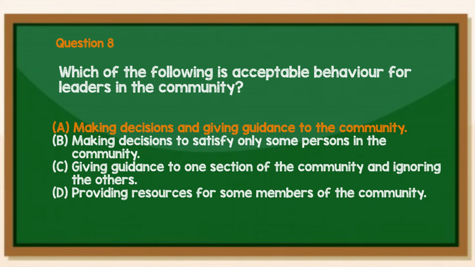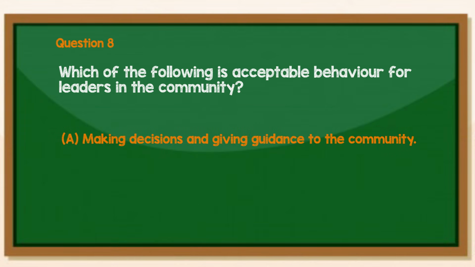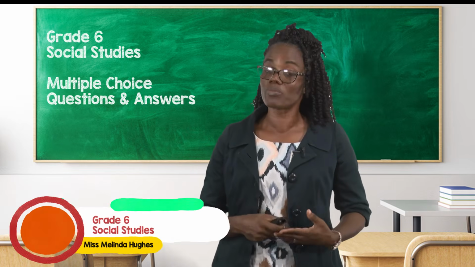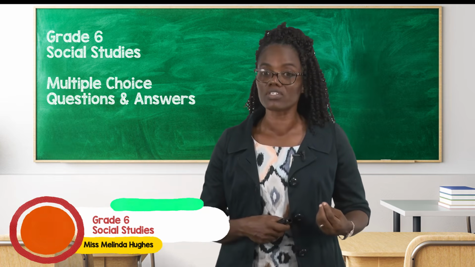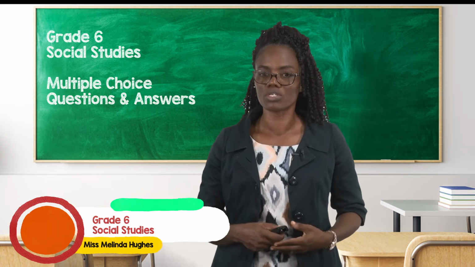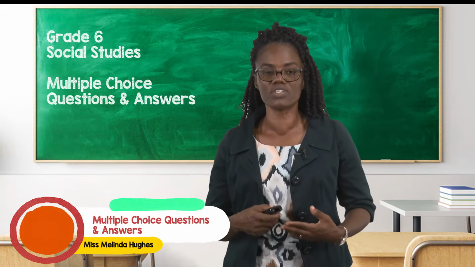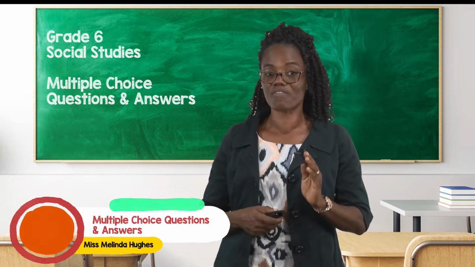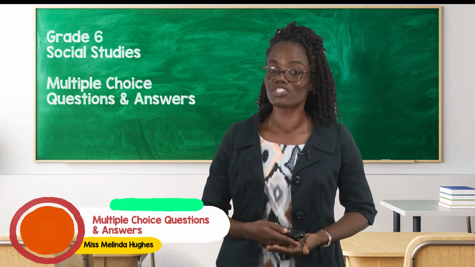The answer is A. Making decisions and giving guidance to the community. This is an acceptable behavior that leaders in communities are expected to carry out. All the others are not good behaviors or good qualities of leaders. So if you have B, C, or D, that just isn't correct.